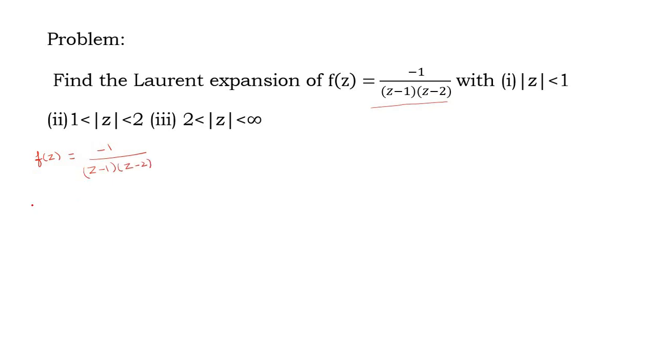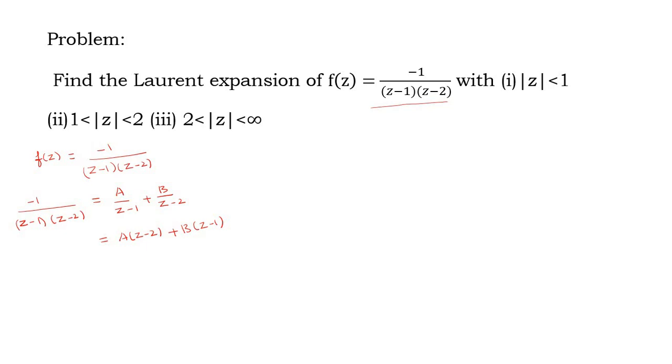By using the partial fraction only you can simplify, because the denominator is a multiple of factors. So minus 1 divided by (z minus 1) into (z minus 2) equal to A divided by (z minus 1) plus B divided by (z minus 2), which is equal to A into (z minus 2) plus B into (z minus 1).